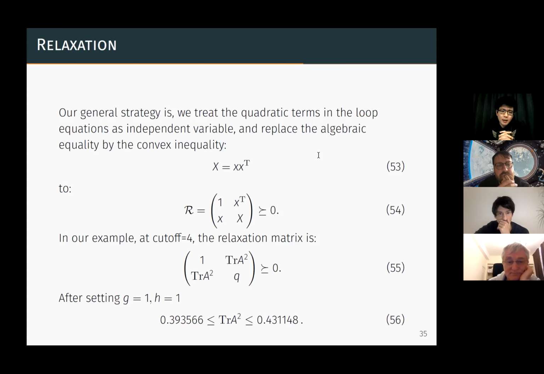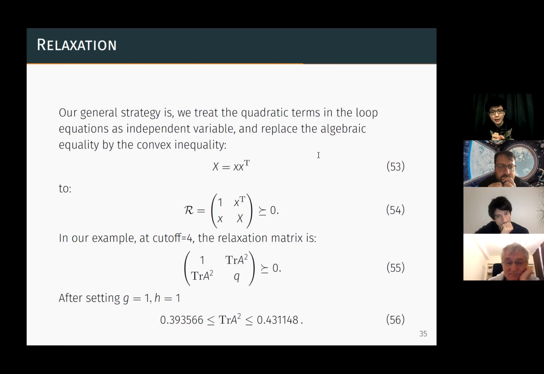So we can finish our relaxation. For the more general case, our strategy is to isolate the quadratic terms from the loop equation into the form of equation 53, and we impose the relaxation matrix 54 to be positive semi-definite.